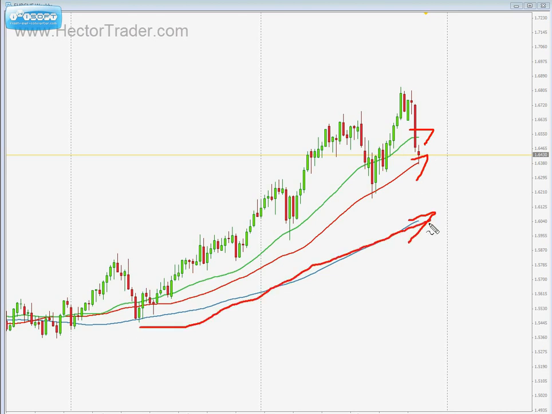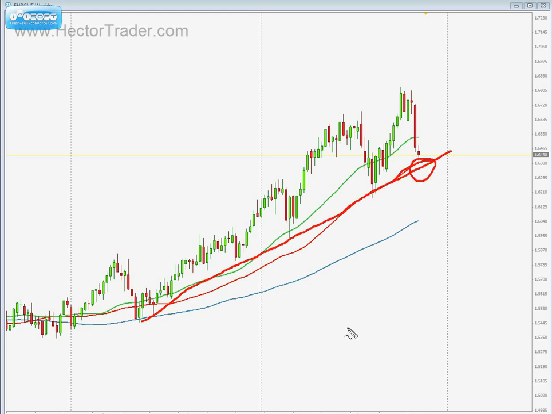Okay, price nowhere near the 100, and we are bouncing very nicely off the dynamic area of support in the weekly chart. Remember, this is the weekly chart, and now we've retraced back to the dynamic area of support once again. And not only that, we have a very clear trend line coming around there, which was tested once, twice, 3 times, and now we're about to bounce off that trend line once again.